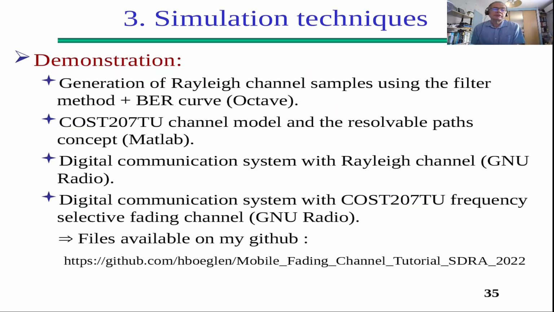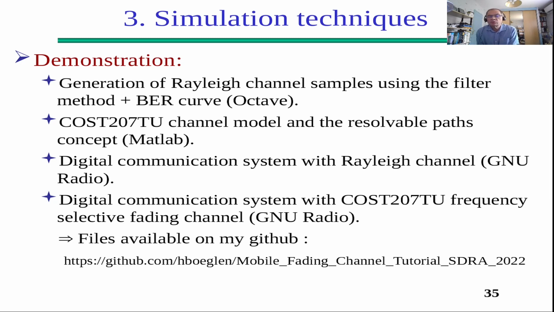So let us now start with the demonstration part of this tutorial. Firstly, I propose to generate some Rayleigh channel samples using the filter method we've just seen in the previous slides, and also to trace our BER curve for this channel using the Octave software package.